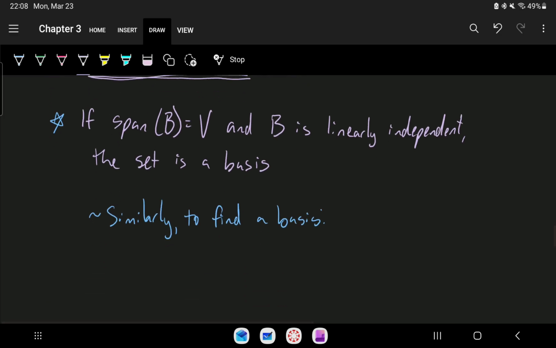Now similarly, if you want to find a basis, if you're not given some sort of target that you need to plug in, simply append a variable vector to the set.